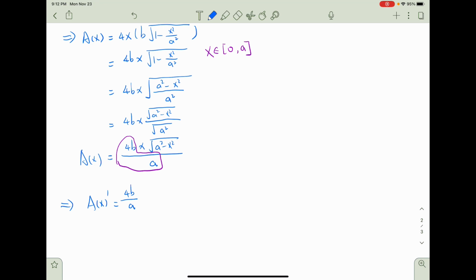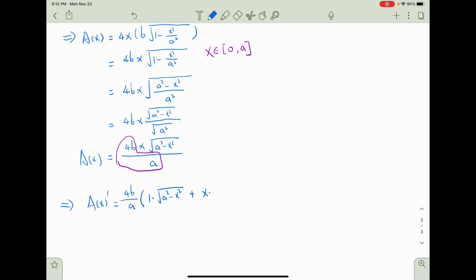And the function we are taking the derivative of is actually x times the square root of a squared minus x squared. So we use the product rule, right? So it's the derivative of x, which is 1, times the other function, plus x times the derivative of the other function, which we apply the chain rule to.